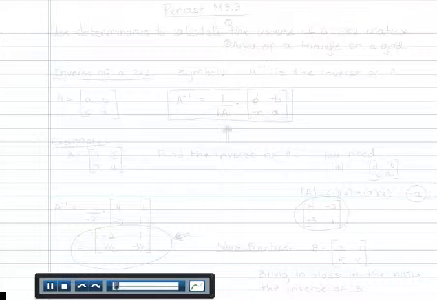Alright, hey guys, in this pencast I'm going to show you how to use the determinant to calculate two things. We're going to calculate the inverse.